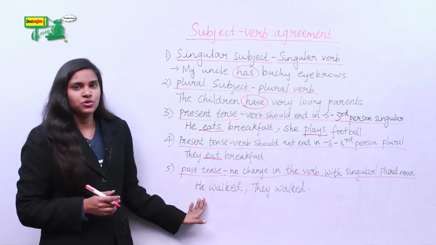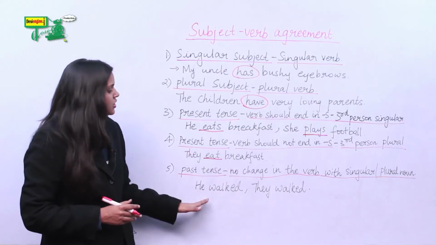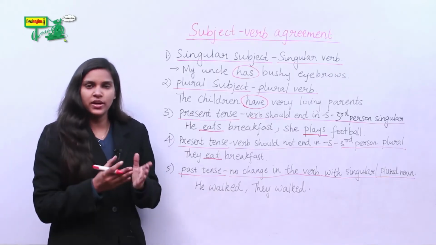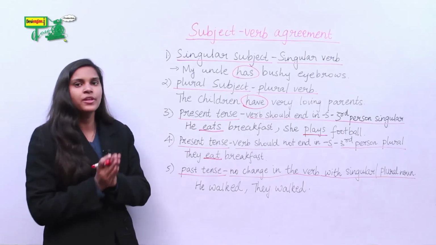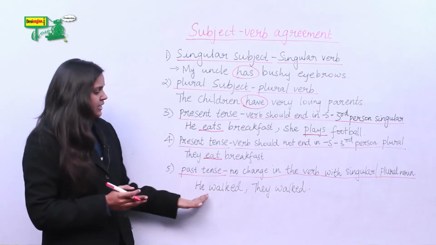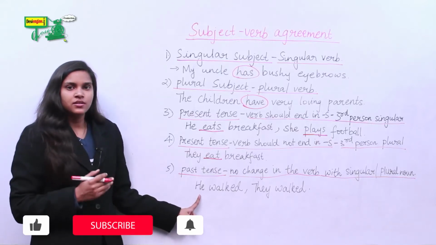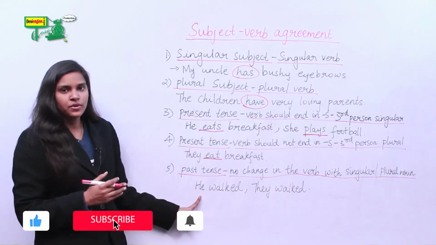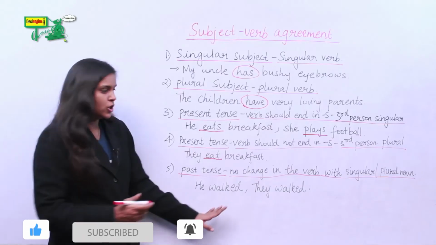Let's do the next rule, the final rule. In the past tense, there is no change in the verb whether the subject or the noun is in the singular form or plural form. For example, he walked. Here the subject is in the third person singular form and the verb is walked.